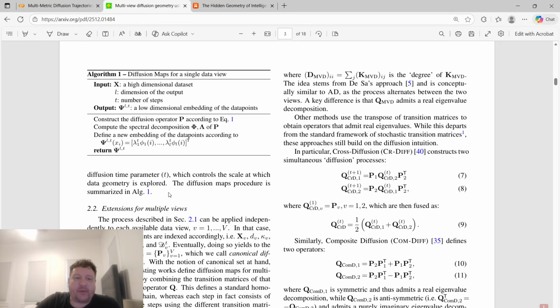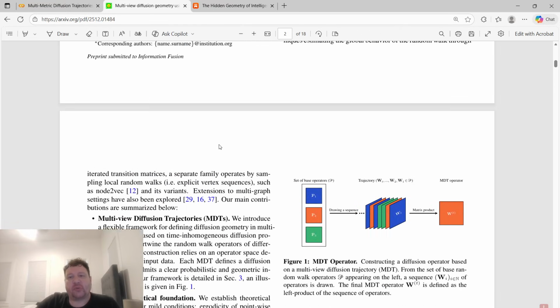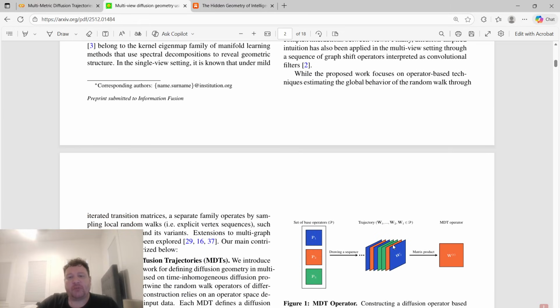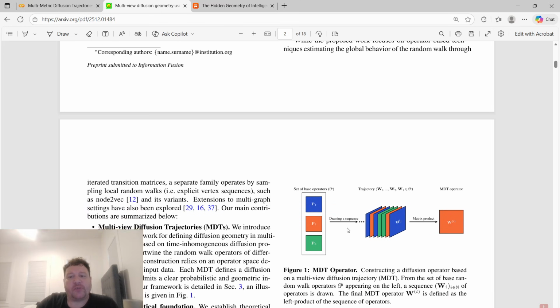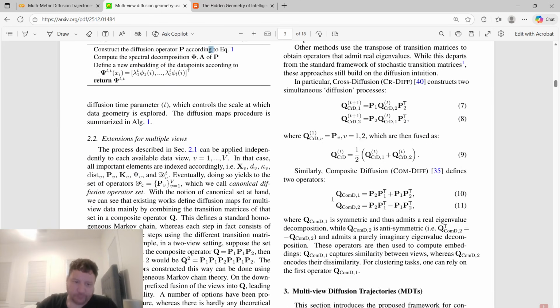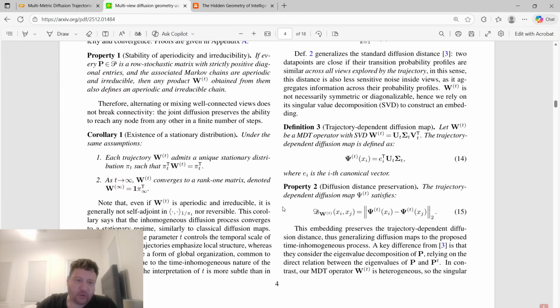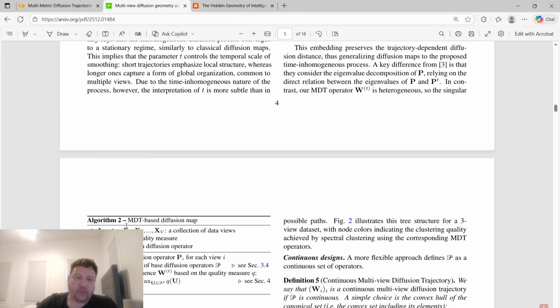The reason I think they want to obscure it is that the majority of this research paper is two algorithms. Algorithm number one is okay. It's diffusion maps for a single data view, which essentially allows you to create a diffusion map for one singular trajectory or one singular modality. And then what they do with algorithm 2 is the MDT-based diffusion map.